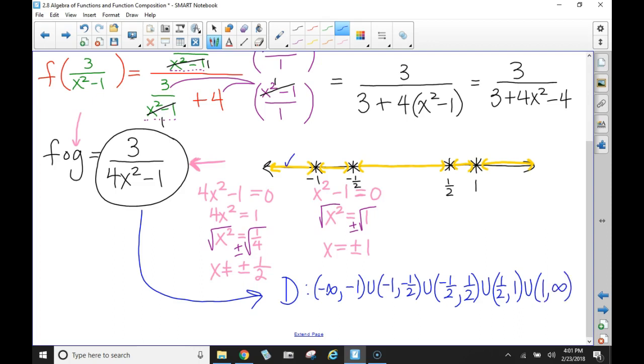And that checks, I believe, all 5, 1, 2, 3, 4, 5 pieces of the number line for our domain.